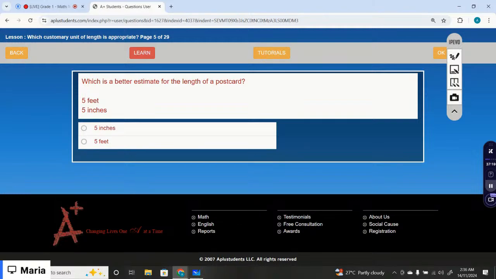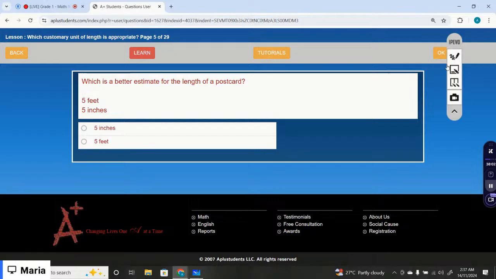Which is a better estimate for the length of a postcard? 5 inches, 5 feet. That's a postcard, right?